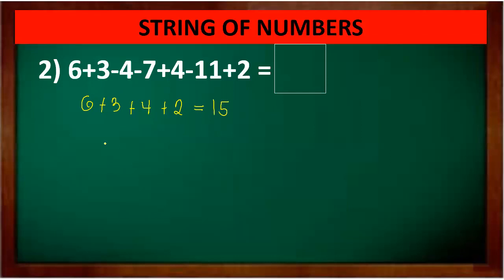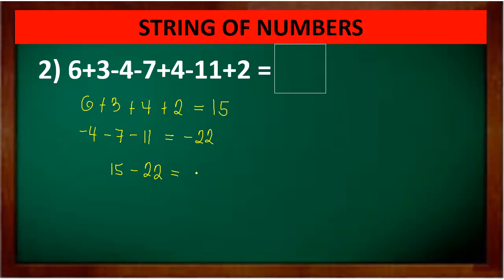Now, let's go with the negative signs. We have negative 4. Okay, then we have minus 7, minus 11. Okay, and that is equals to 4 plus 7 is 11. 11 plus 11, that is 22. Then you carry the sign of negative. Then let's solve. Okay, so 15 minus 22, proceed with subtraction and carry the sign of the bigger number.